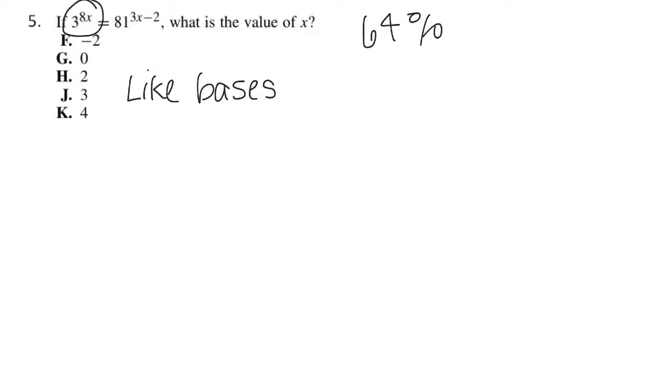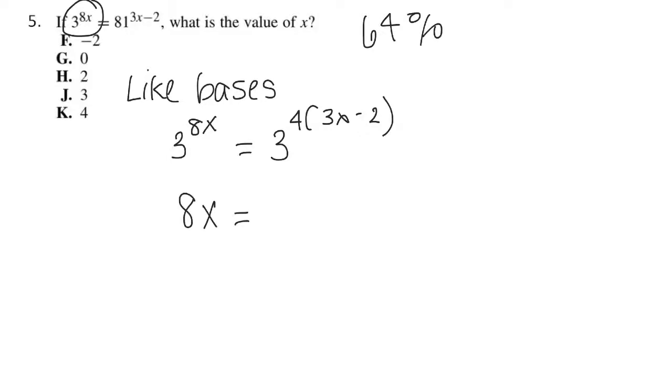Since we already have 3 raised to the 8x, 3 is going to be our base. 81 is 3 to the 4th. And I already have an exponent there, so exponent raised to another exponent, I need to multiply. And really, after I have this set up, I'm just going to focus on this equation here. 8x equals 4 times 3x, so 12x.